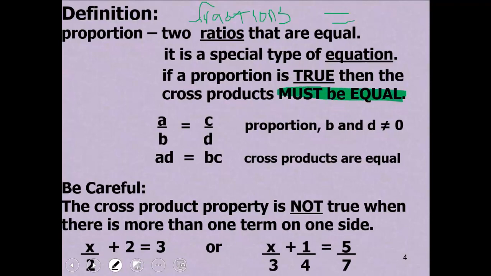That means when we do a cross product, watch how my pen goes, A times D has to equal B times C, just like that. Be careful that you notice that I have one fraction set equal to another fraction. I can't have a plus or a minus, a non-fraction term with a different denominator. I would have to make this into a common denominator.